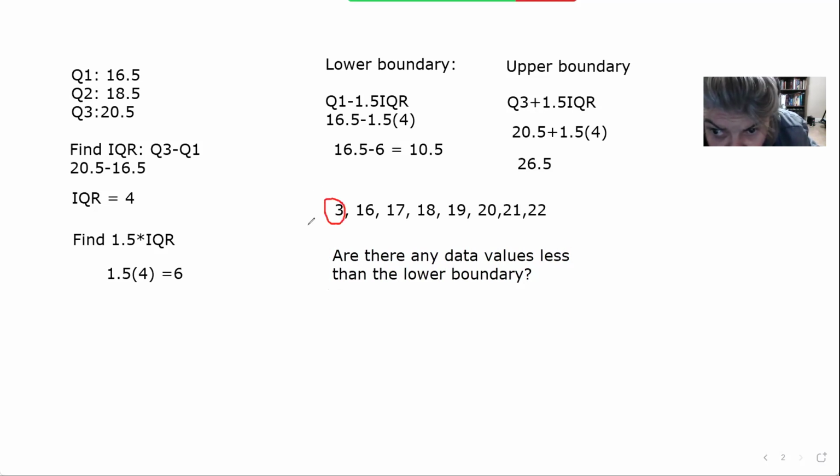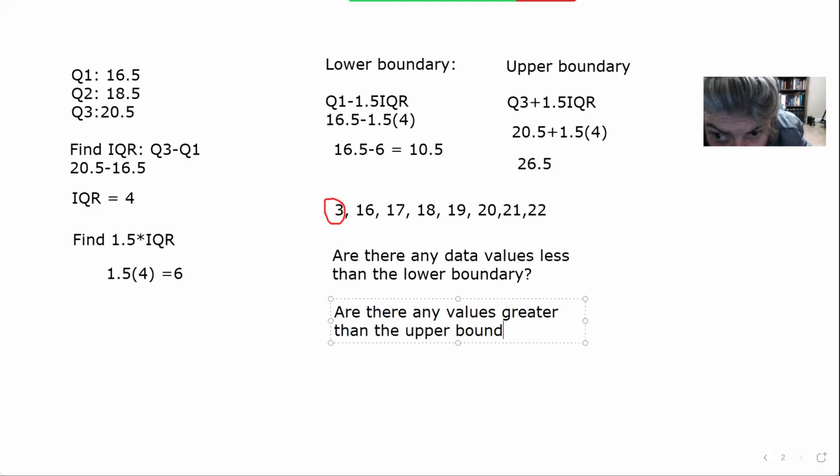Okay. Are there any values higher? The other question I asked is, are there any values greater than the upper boundary?